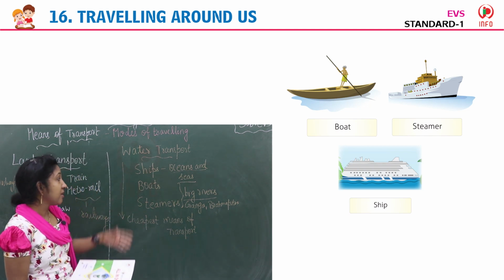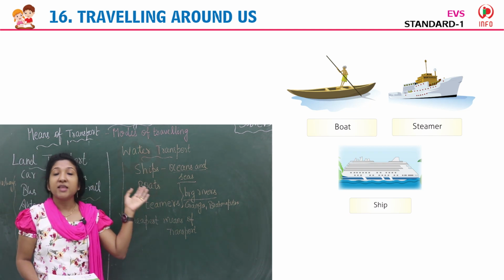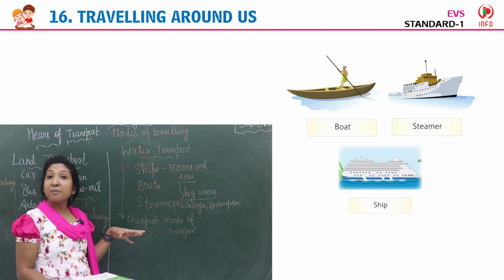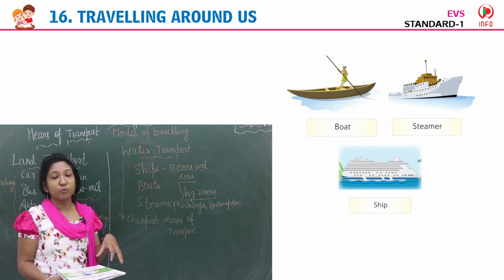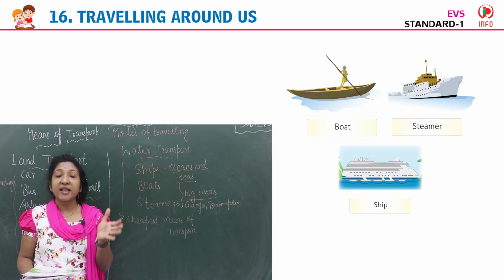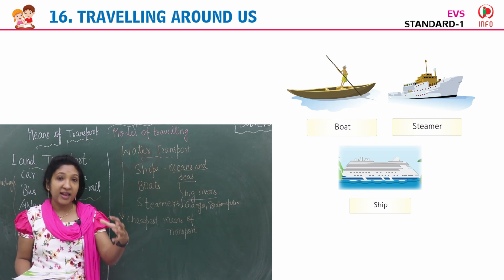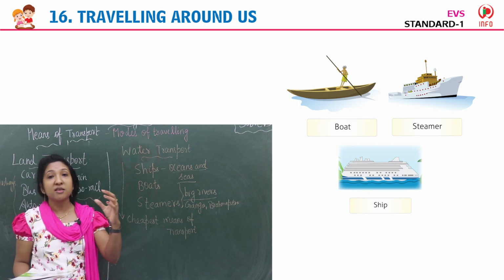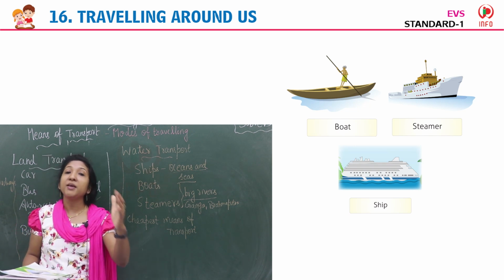So ships, boats, steamers, they all are examples of water transport, the vehicles that sail in the oceans or seas or along the big rivers.